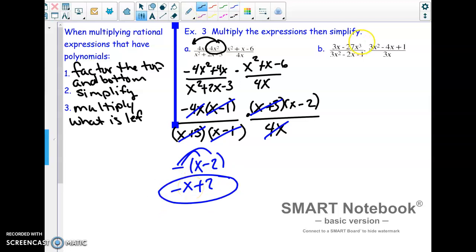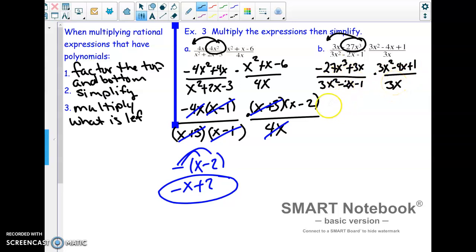All right, again, I'm going to move this to the front so that we don't have to deal with that negative. So negative 27x cubed plus 3x over 3x squared minus 2x minus 1 times 3x squared minus 4x plus 1 over 3x.